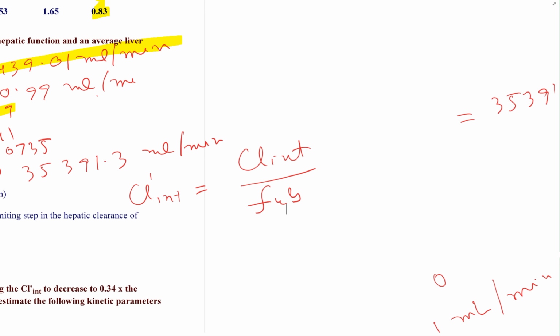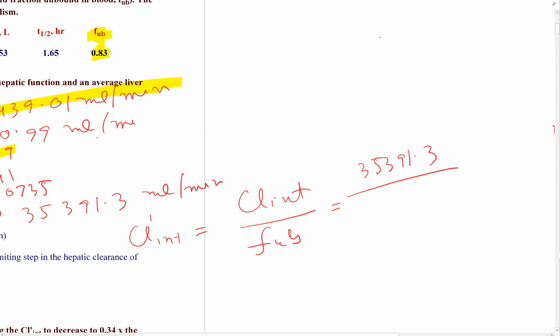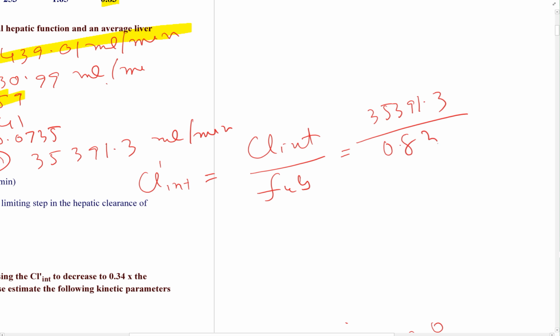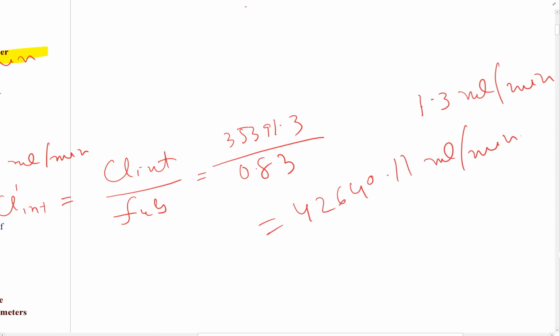I think initially I said fraction bound, but this is fraction unbound, UB, unbound. So here we use 35391.3 and a fraction unbound of 0.83. This will give us an intrinsic clearance of 42640.11 milliliter per minute.